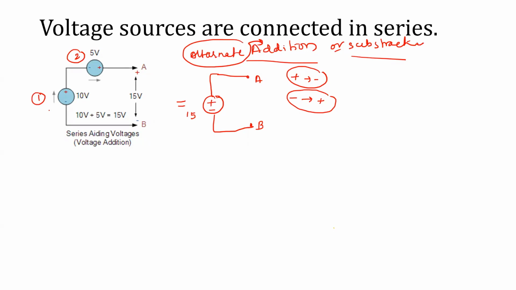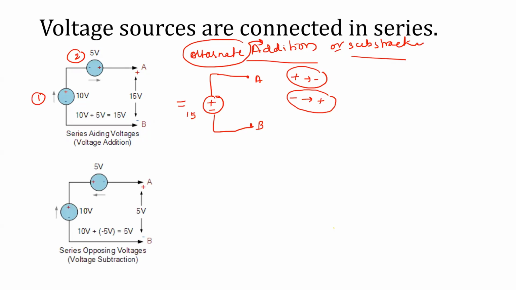All right. Next, for the same circuit, there are two voltage sources. Then calculate the equivalent voltage between the same two terminals A and B. Whether these two are added or subtracted is based on the polarity connection.